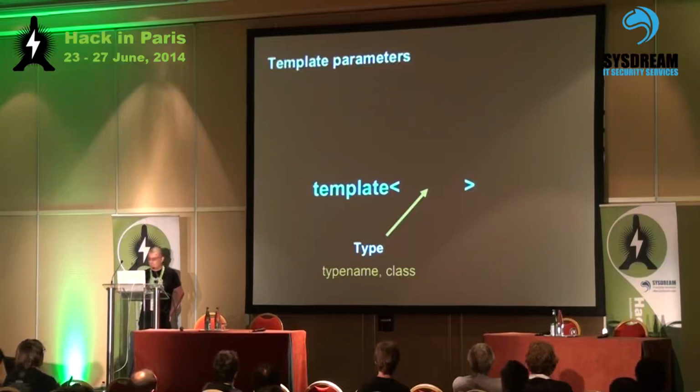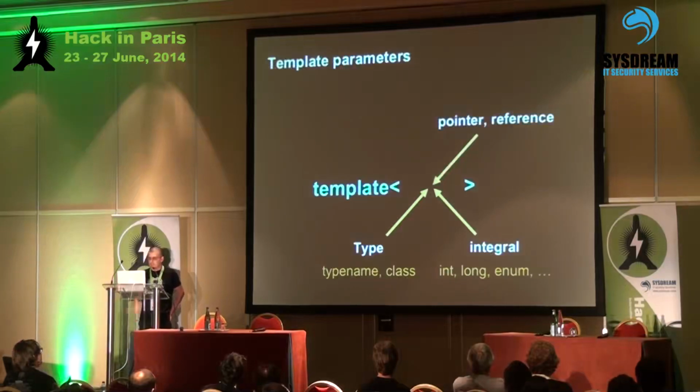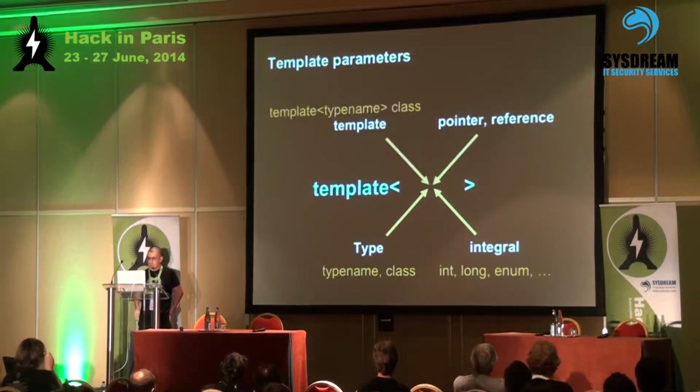Or you can have integral types like integers, shorts, longs, enumerations, etc. It's not working with double and float because they are not integral types. You can also put pointers and references, and you can also pass another template as a parameter. You have a template of a template. It's sometimes used, but not very often.